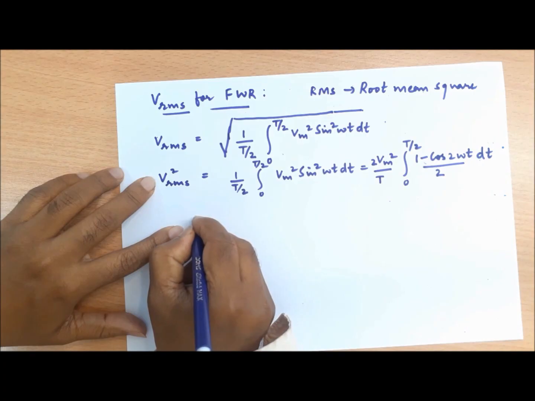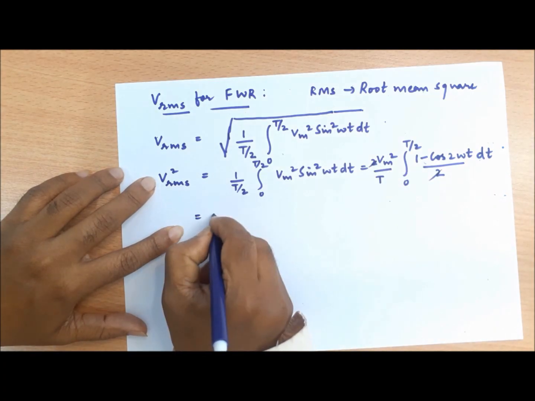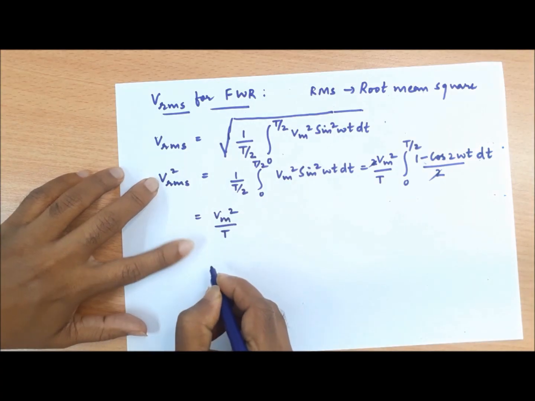Simplifying further, 2 gets cancelled, so it is Vm square upon T.